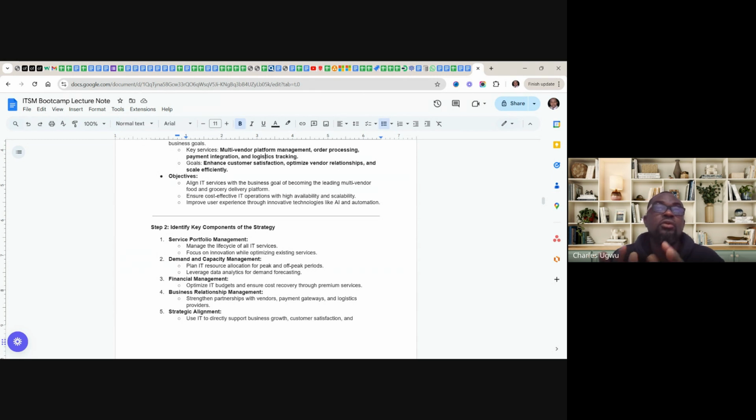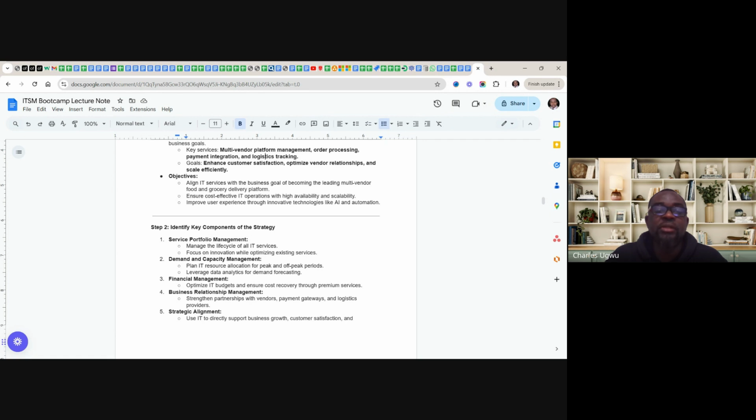So we have to make sure that every budget we are making has a clear return from any investment. Any investment we present before the stakeholders, they are not going to be frowning their face, because we justify every financial need we make before the organization in order to scale the IT.